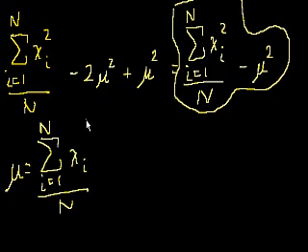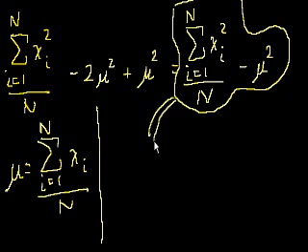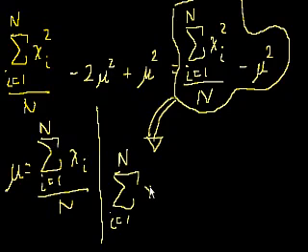So that is equal to, so if we look at this, this thing can be written as, let me draw a line here, the sum from i equals 1 to n of x sub i squared, all of that over n, minus mu squared. Well, mu is this.